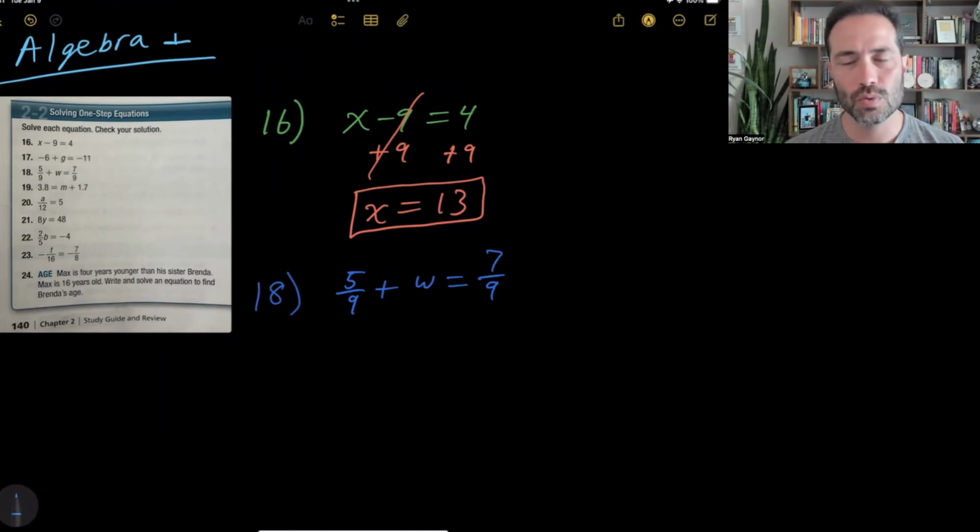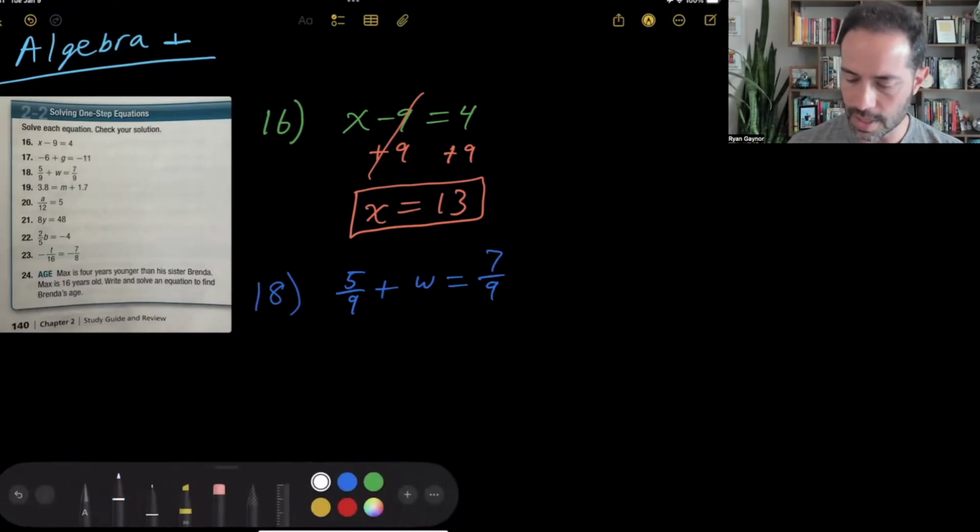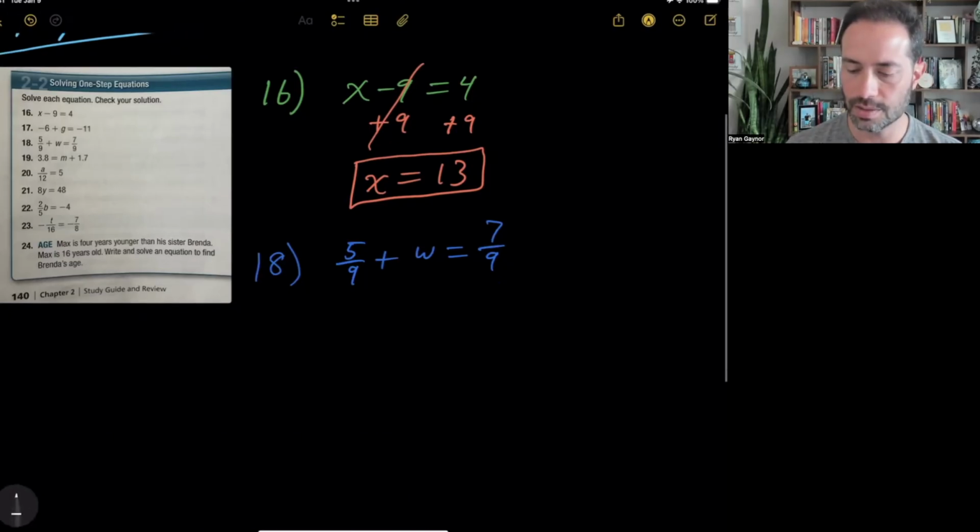Now, you want to always look to the left of whatever you're doing, right? So whatever number or variable you're looking at. To the left of the 5/9, there's nothing there, so that means it's positive. So I'm going to do the opposite of that, which would be subtract 5/9.